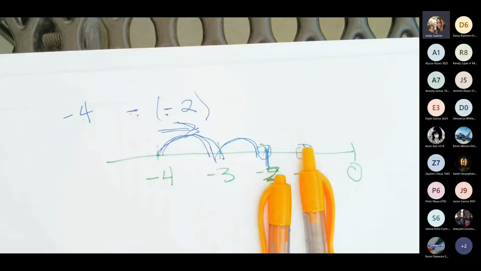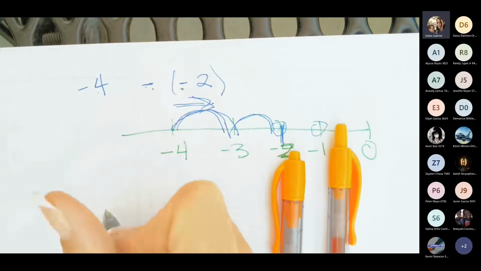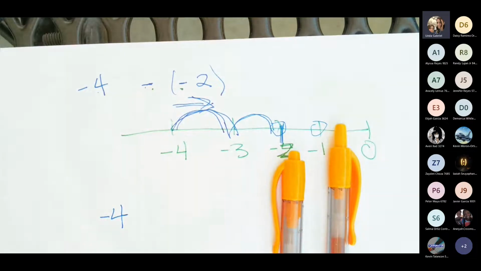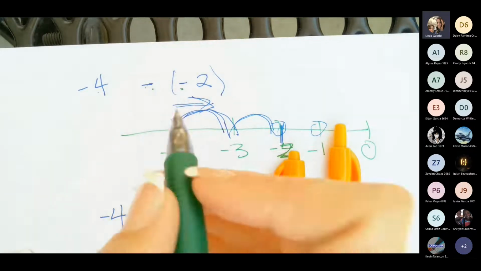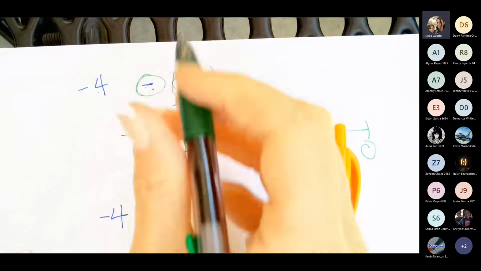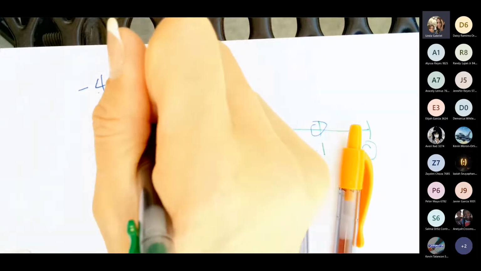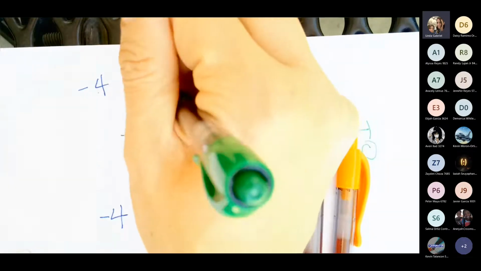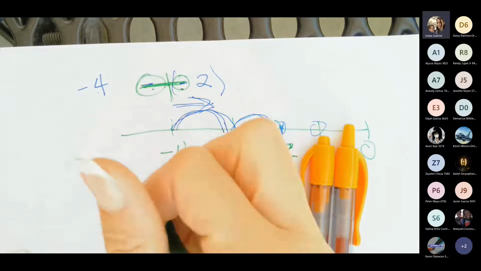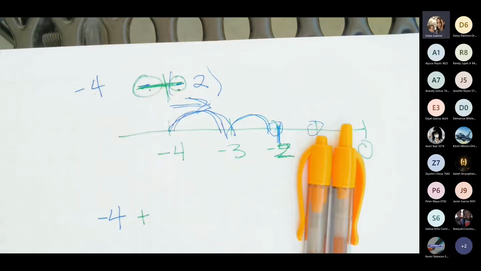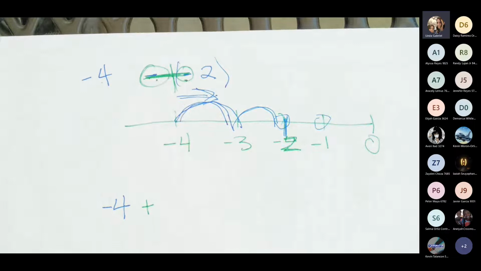So what I can do to make this math problem easier is I should say I have -4. Remember, I told you guys in math it is the only time when you have 2 negatives and it makes a positive. So I have my minus negative right here. I'm going to turn that into a plus sign. So now I have -4 plus 2, right?